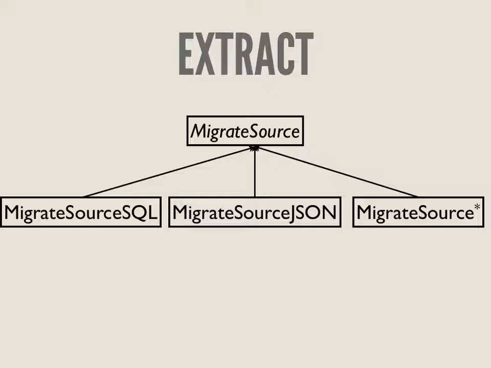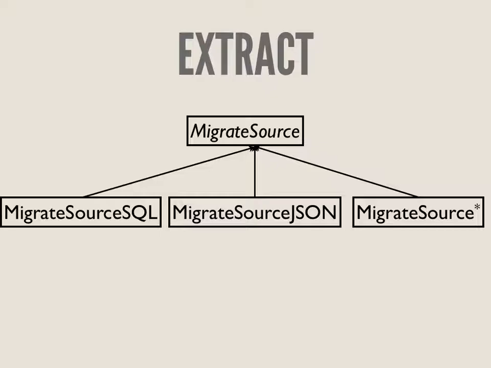And in this particular case, all data was stored in a MySQL database. So normally I would use the MigrateSourceSQL subclass, but for some reason I could not connect to the database. Whatever I tried, I could not connect. I suspect that the database is way too old. So I used a workaround.